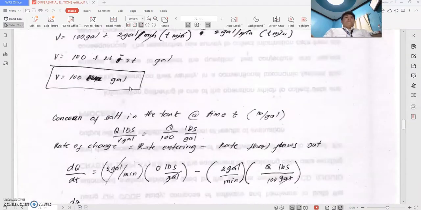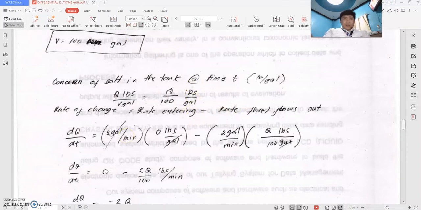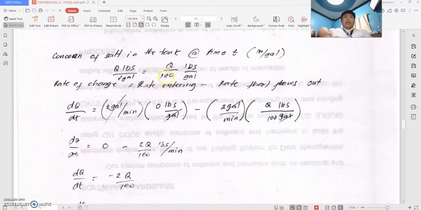Okay? O karon, ang concern nato, di ba, is makuha man si pounds per gallon. Okay? Pounds per gallon. Later on, here, I'll explain it. So, we know that the rate of change is the rate that enters minus the rate that flows out.